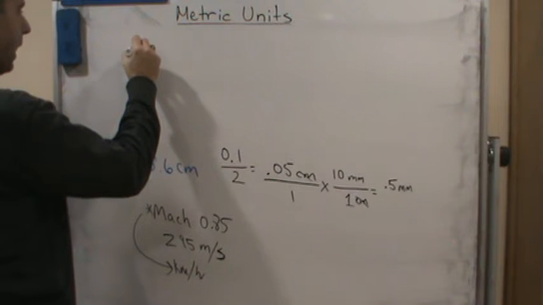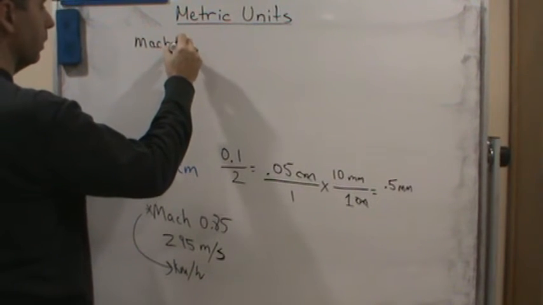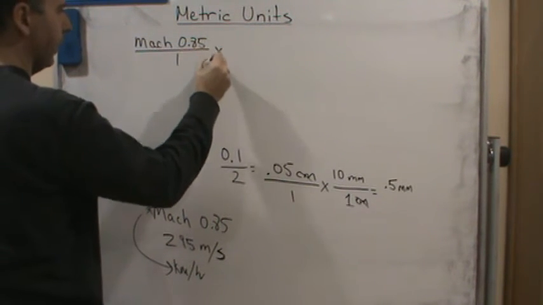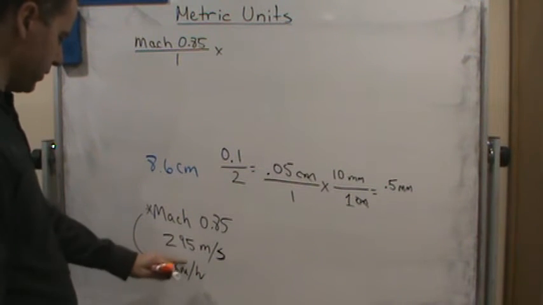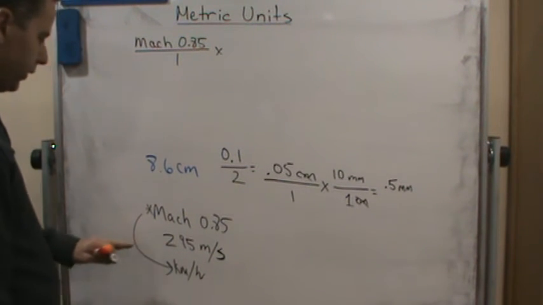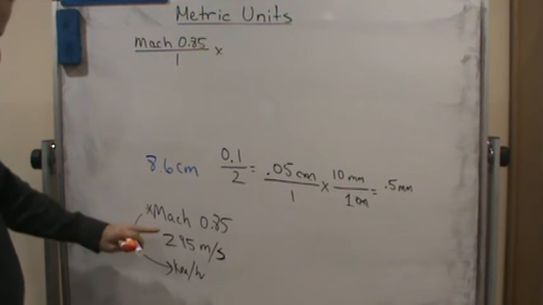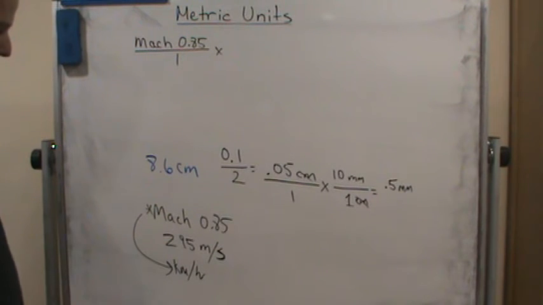We start with Mach 0.85 over 1. Now we've got to convert from Mach to kilometers. But we know that the speed of sound at cruising altitude is about 295 meters per second.